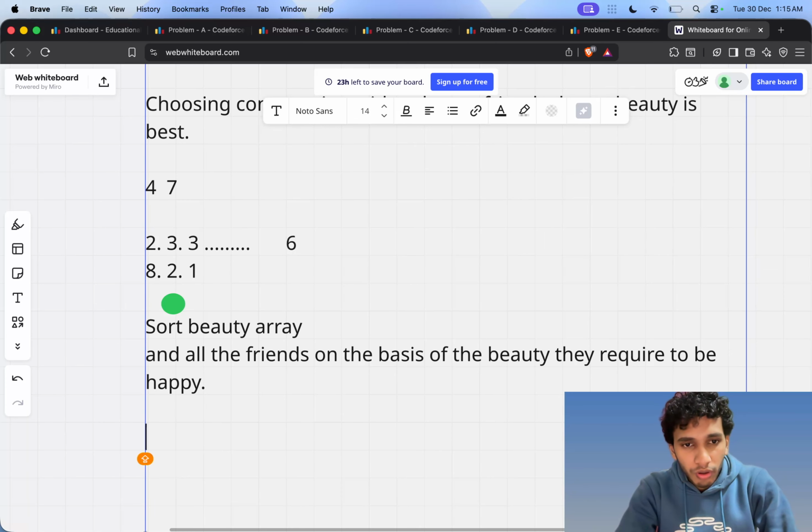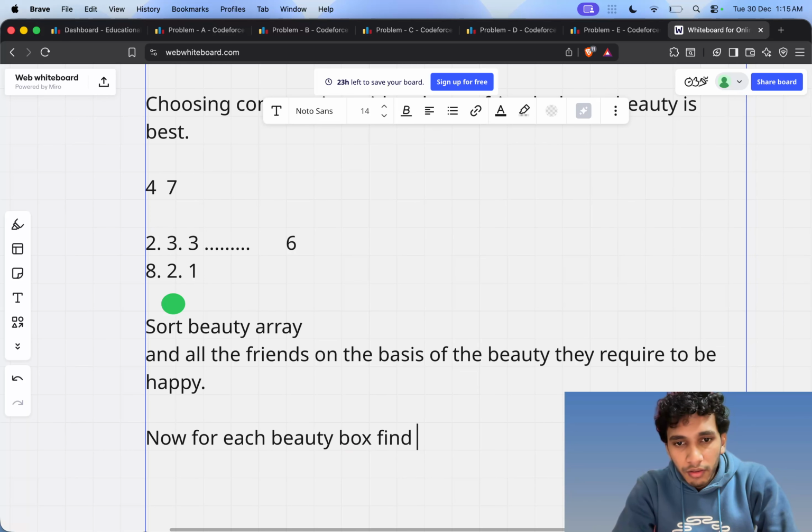So now for each beauty box, find the friends who can be made happy using that box.